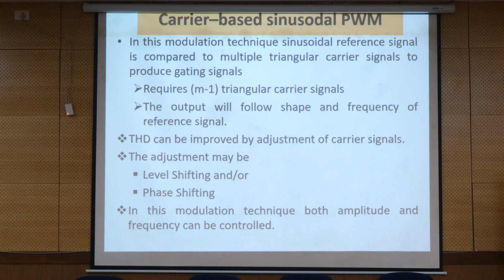Now the question is, for a two-level inverter topology, you make one carrier signal and one reference signal, make a comparison, and the output is given as a switching pulse to your inverter module.